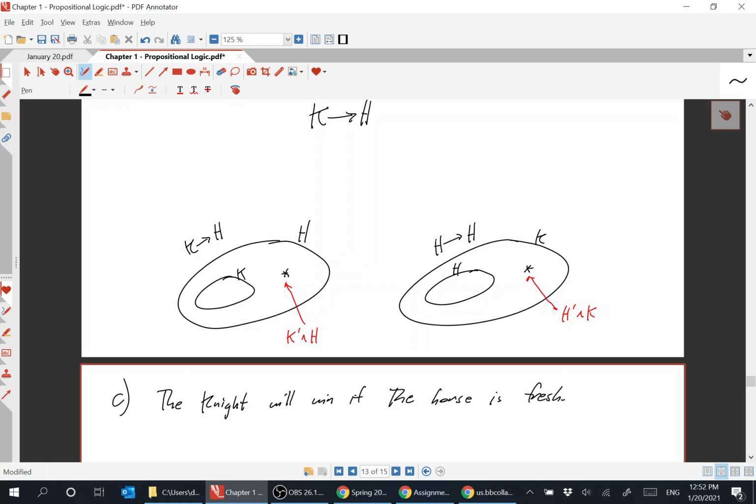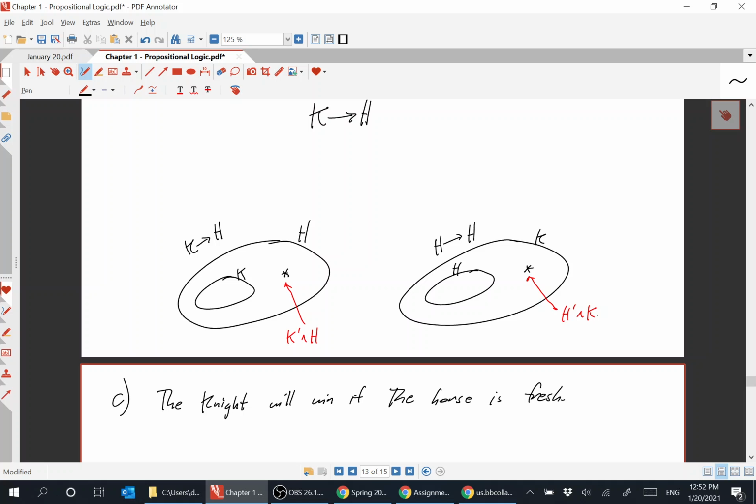Okay, so which one is wrong? Look in the gap and see which one contradicts that statement. All right, here, the knight lost, but he had a fresh horse. The knight will win if he's got a fresh horse. Here, the knight lost, and he's got a fresh horse.